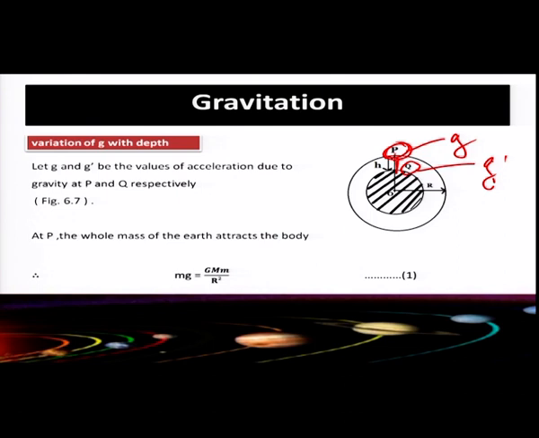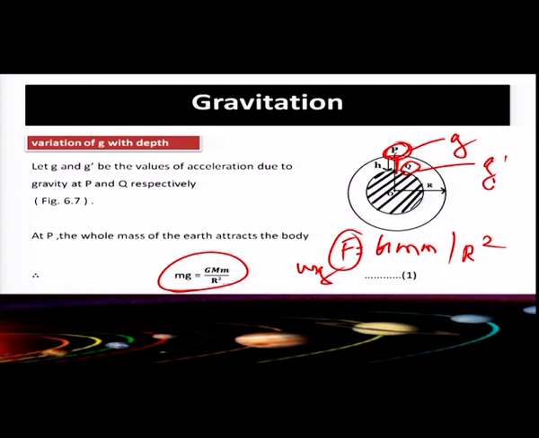At P the whole mass of the earth attracts the body. Therefore, we apply Newton's law of gravitation for this point. We get F equal to GMm by r squared, and the formula for force is mg.